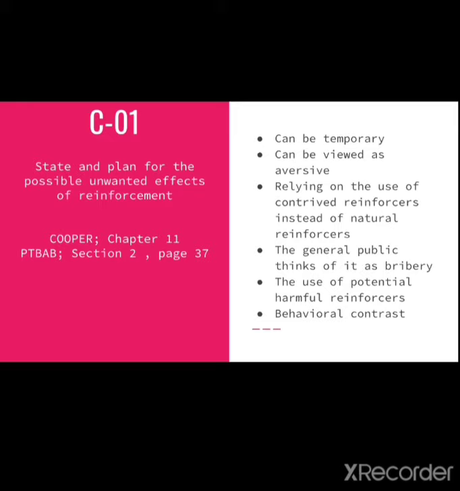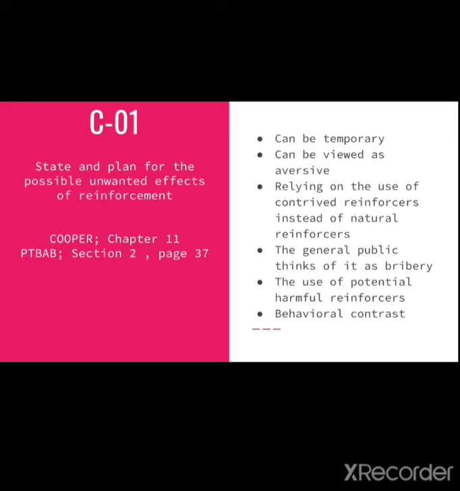And then, of course, behavior contrast. This typically occurs when the intervention is not successful at generality. So it's not generalizing to other settings or individuals. So we want to make sure that we work on behavior contrast as well.